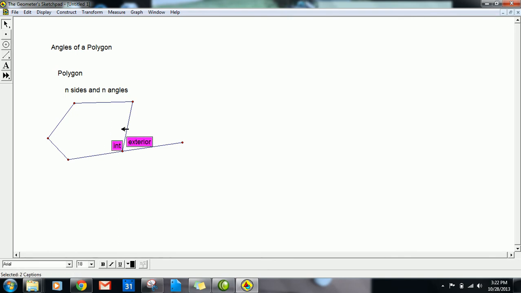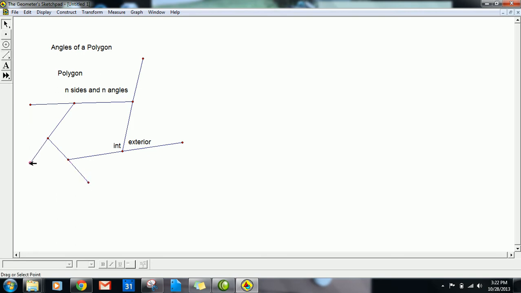You'll note that both interior and exterior pairings add up to be, that's right, Chuck, 180 degrees. And that will be the case at any interior-exterior pairing. Interior, exterior, right? We have a bunch of linear pairs, right? And so, of course, if there are n or 5 interior angles, there are the same number n exterior angles.